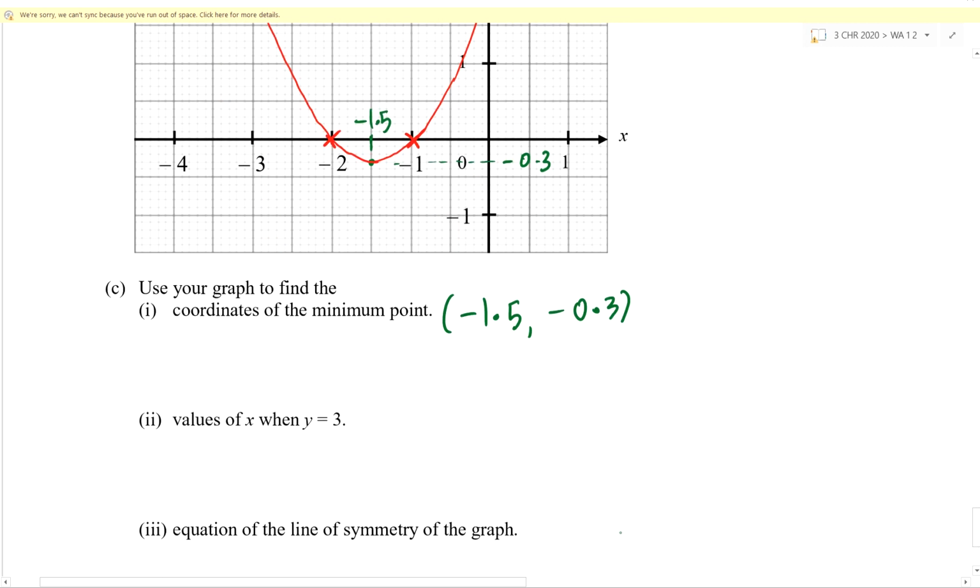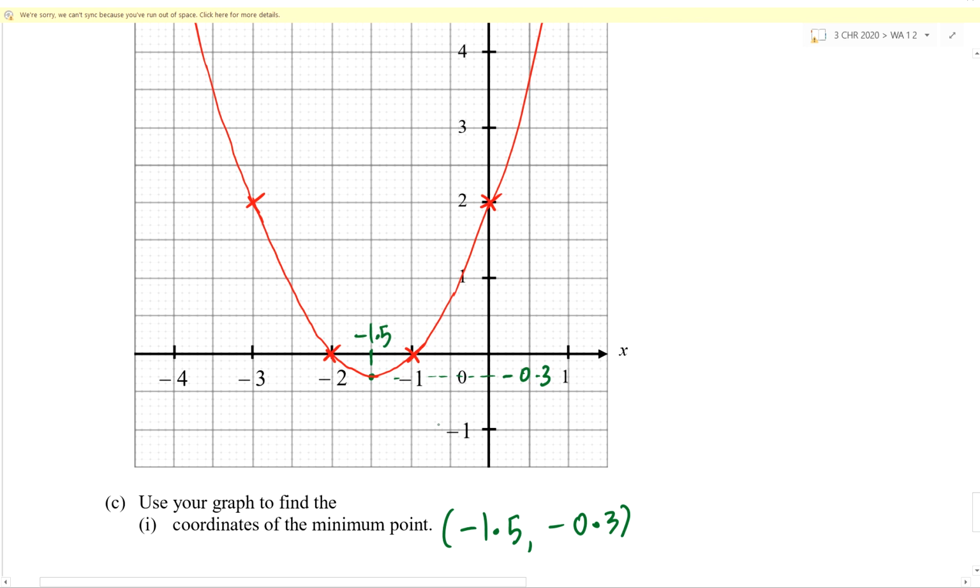Next, to find the values of x when y equals 3. So we draw the line of y equals 3. So you should use a ruler for this. And identify these values, where they intersect.